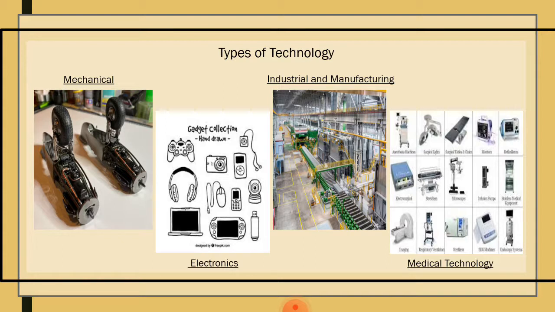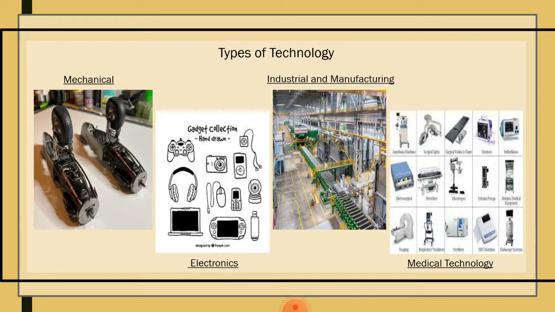Next is electronics. This is the type of technology that we're almost familiar with in modern life, which is electronic technology, usually just called electronics, which is a complex form of technology that uses electric circuits to achieve a goal.